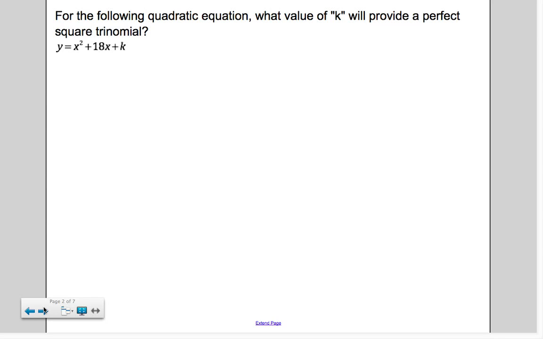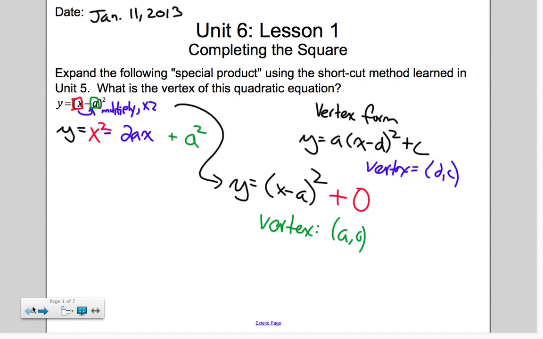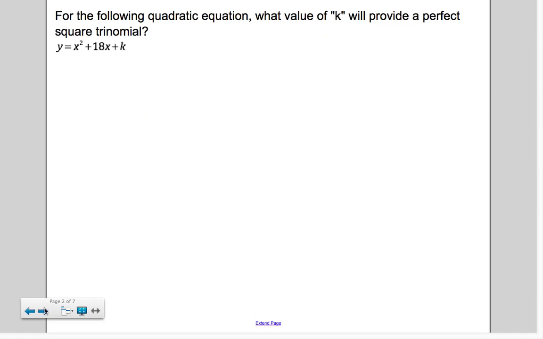Is there a way you could get that starting from 18x, though? Divide by 2x, right? So what we're noticing here is that in this previous one, 2ax is our middle term. And that's equal to what in this equation?